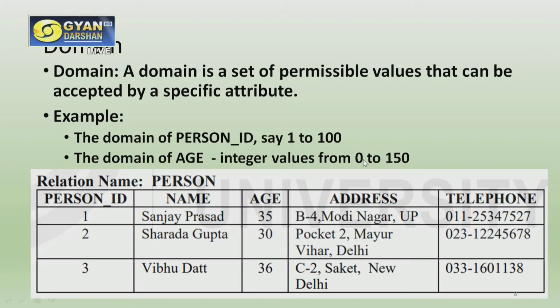So domains basically specify the values that can be associated with a particular attribute. A column can contain only those attribute values. So automatically it puts a restriction on the values, and once again that is a sort of integrity advantage.